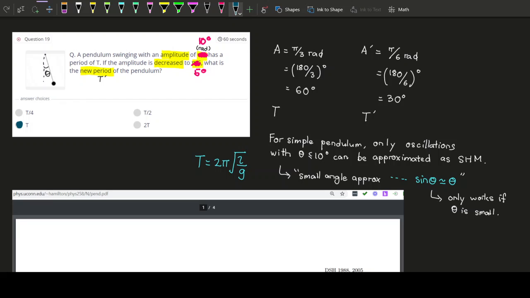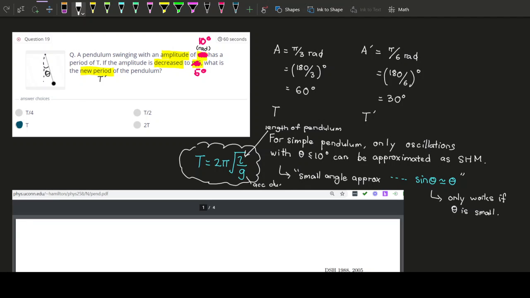Why will the period not change? Because this is the equation that we are talking about when we talk about period. What can affect the period of the pendulum is only the length of the pendulum and also the acceleration due to gravity.